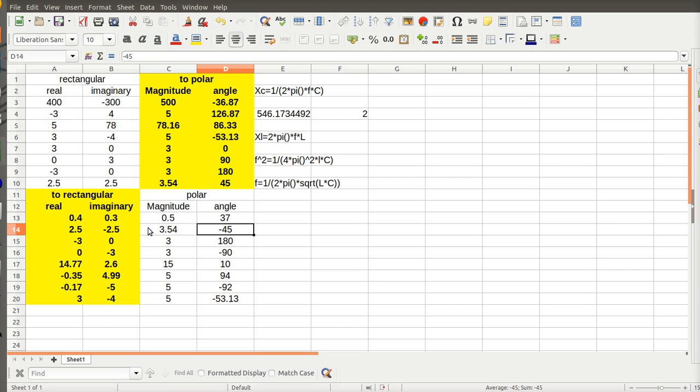So this is my current, half an amp, 37 degrees, which breaks down into real 0.4, imaginary 0.3 to two decimal places.